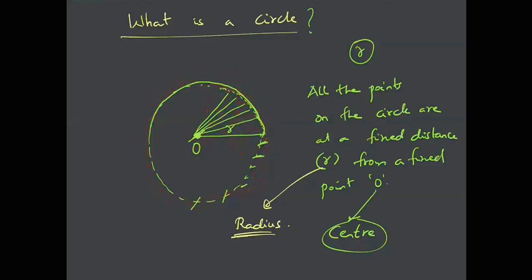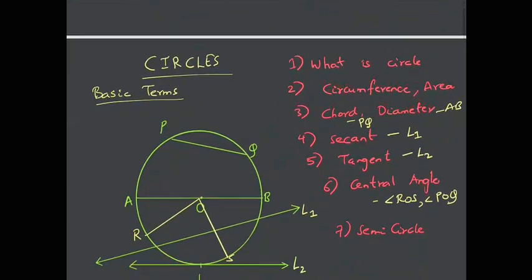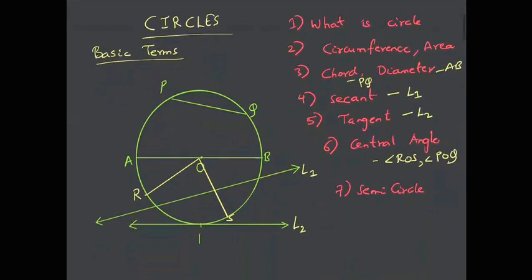Let us discuss some of the terms in a circle. We have already seen what a circle is. What is the circumference of a circle? The perimeter of the circle is called the circumference.